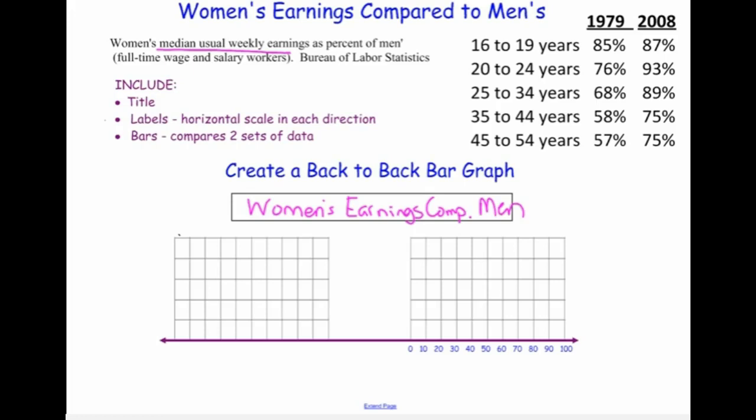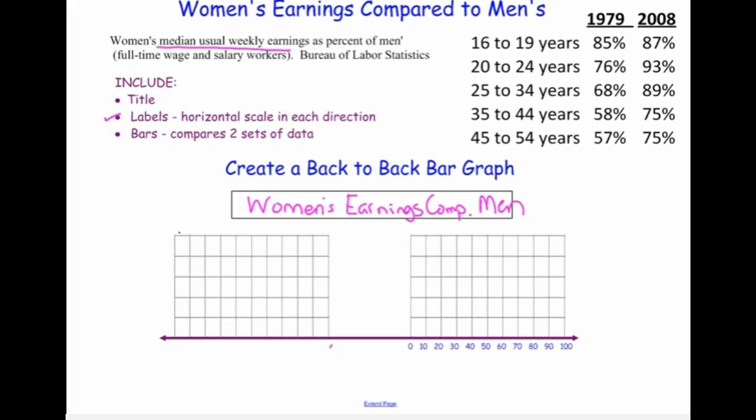You always should label your horizontal axis. I did the right-hand side. Why don't you take and do the left-hand side? Notice how I'm going to work my way to the left, getting larger as I move left, so that they start from the inside and work outward. So label up your axis. And then the bars, we're going to use the bars to compare two sets of data.